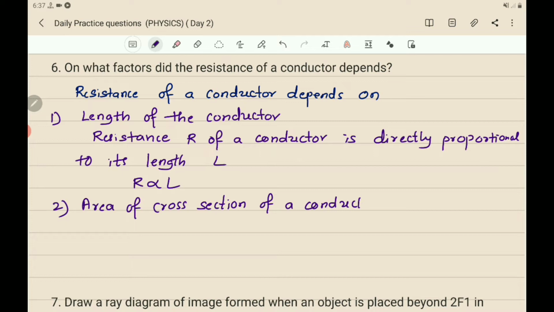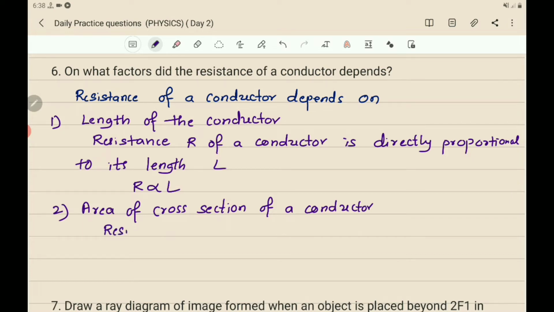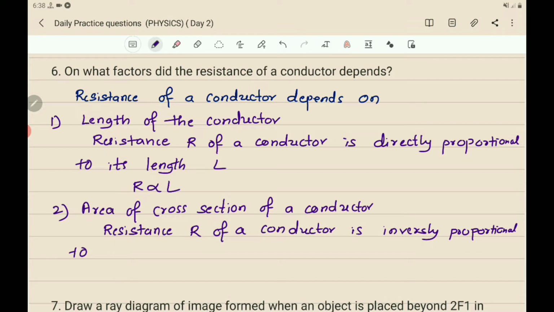So the resistance of a conductor is inversely proportional to its area of cross section A. So write here resistance R of a conductor is inversely proportional to its area of cross section A. That you can write R is proportional to 1 by A.